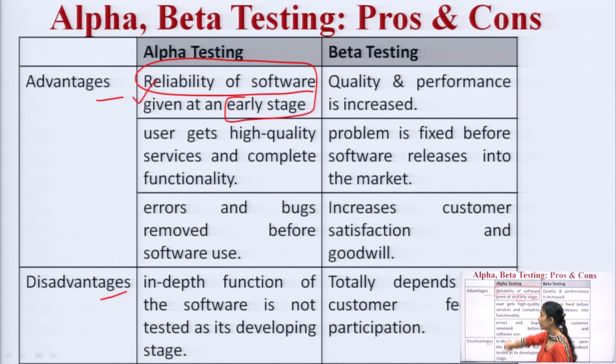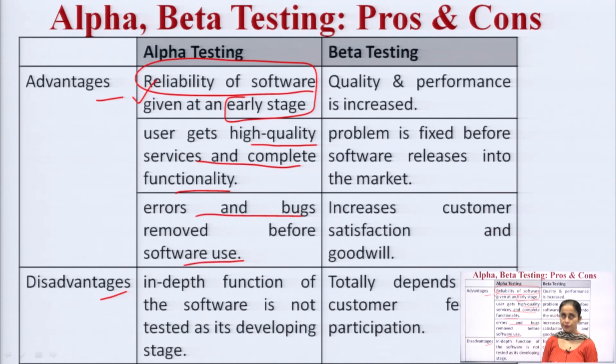That is its main advantage. Then the user gets high quality service and complete functionality. And errors and bugs are totally removed before the software goes into use. That is the main advantage of alpha testing, to focus on reliability, high quality service, and functionality.